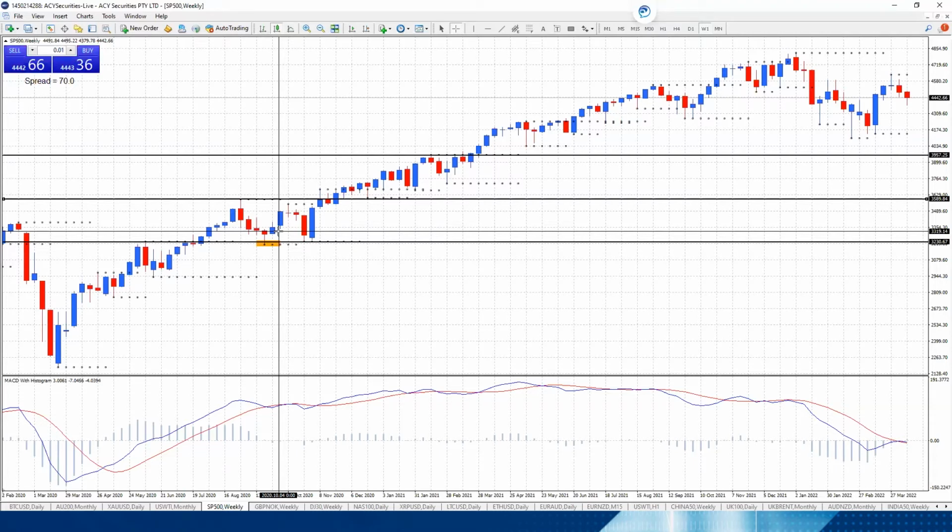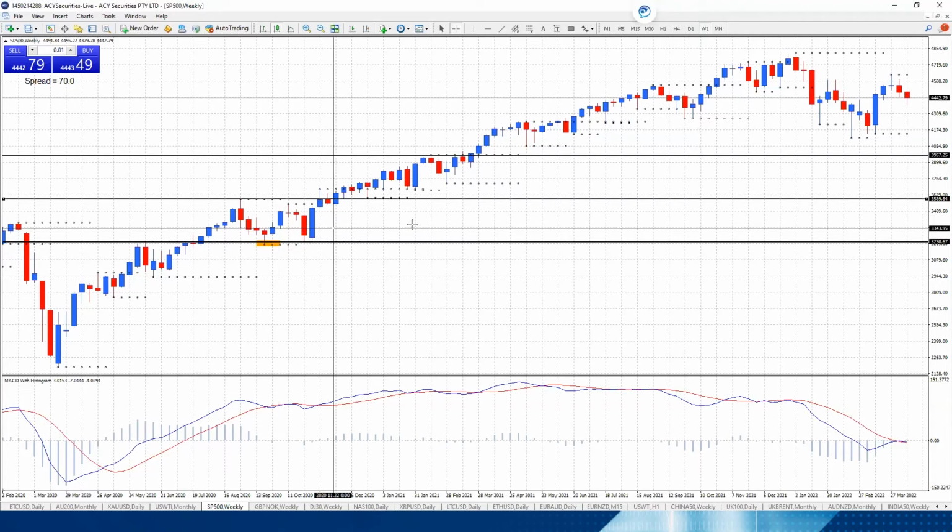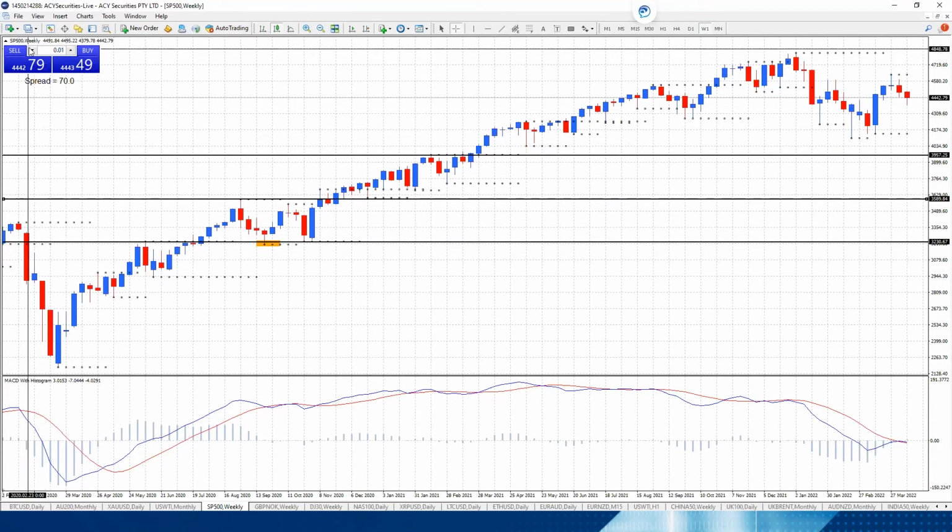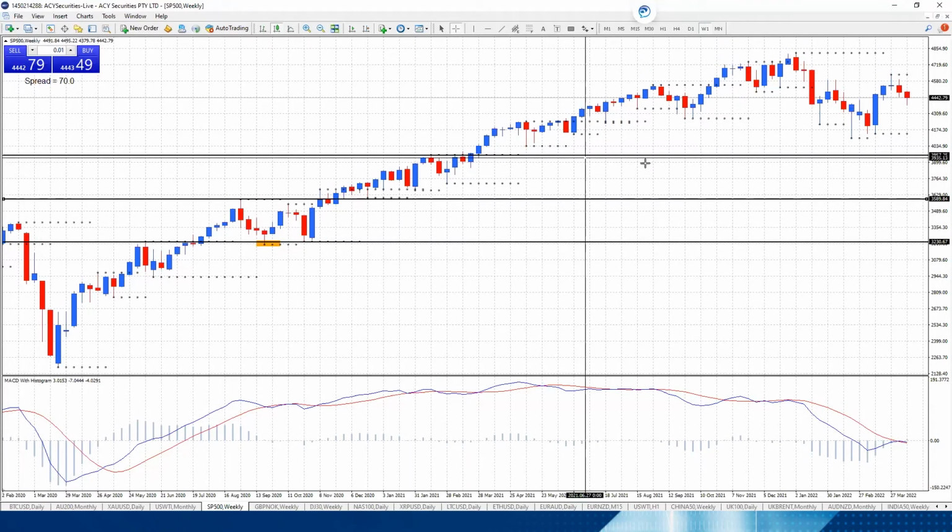I think with your positional trades, you've got to really try and lock in your strategy, and your exit criteria really needs to be maybe to do with change of the market structure and things like that. To give you an example, we're staying here on the S&P 500.